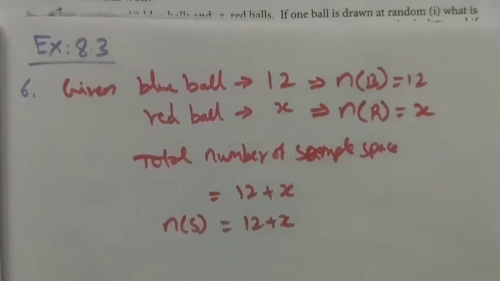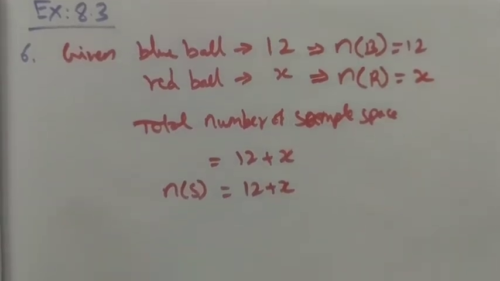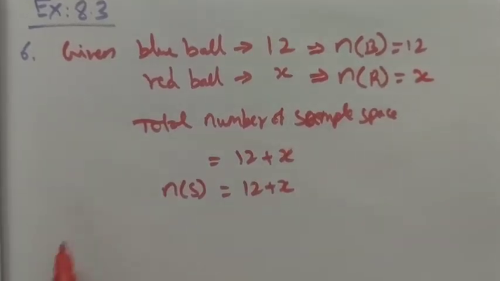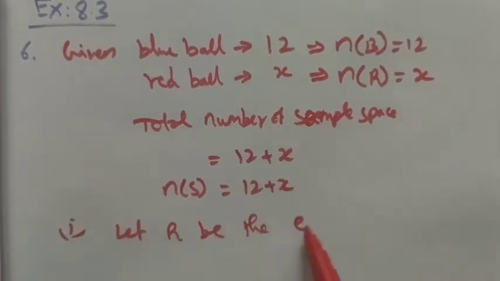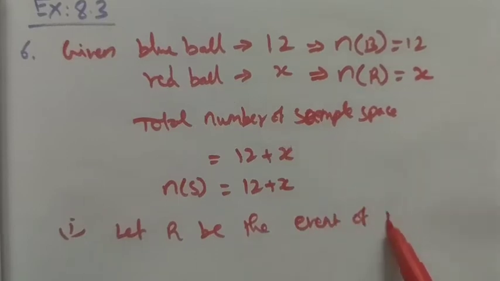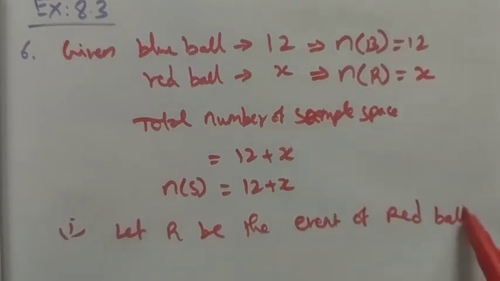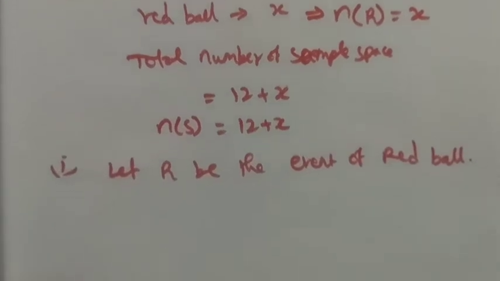Now we want to find the probability of getting a red ball as an event. First Roman number: let R be the event of getting a red ball.